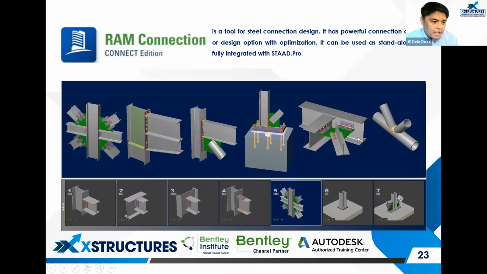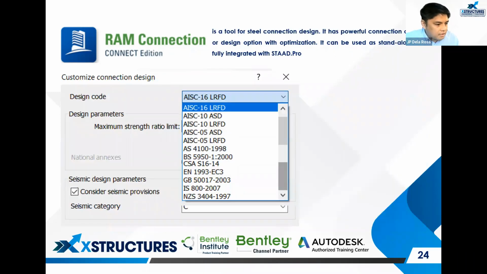As you can see, RAM Connection mostly supports connection databases available in American design code, British standard, Canadian standard, Eurocode, Australian standard, as well as New Zealand standard. These are the available design codes within the program, including even the older design codes of AISC.